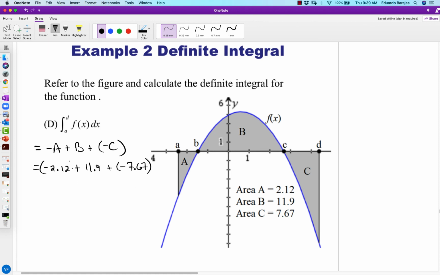Good, so this one's a negative, this one's a negative. Okay, and so we just figure out what that is. We get 2.11. So the integral from a to d of f of x dx equals 2.11. Good, so it's the area above the x-axis, that's the b, minus the area of a minus the area of c.